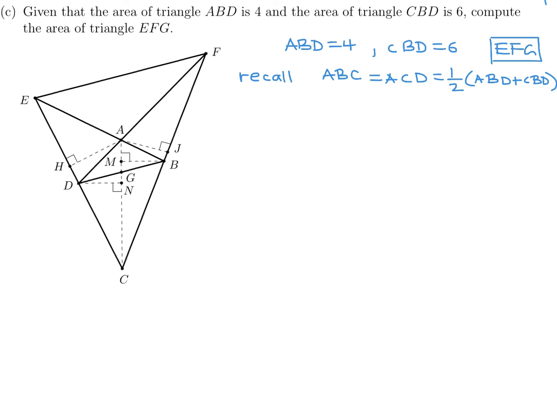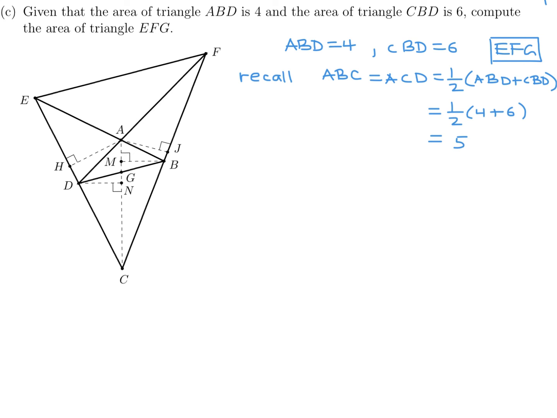Because ACD is right here, and that's ABD plus CBD divided by 1/2. So I hope you can see that from the diagram. So since we are given these dimensions, we can just sub them in. So this will be ABD is 4 and CBD is 6. So this looks like that will be 5. Okay, so that's something we will use.